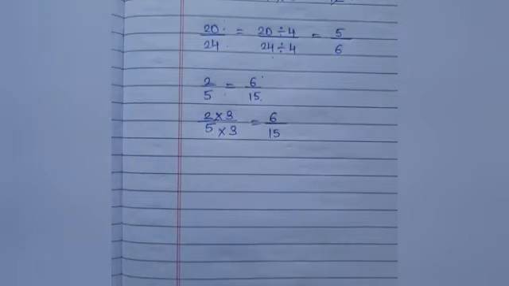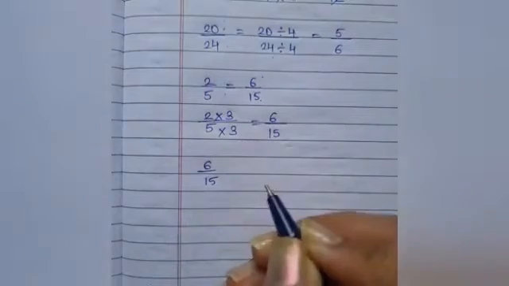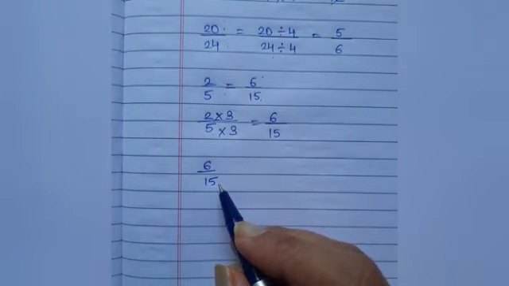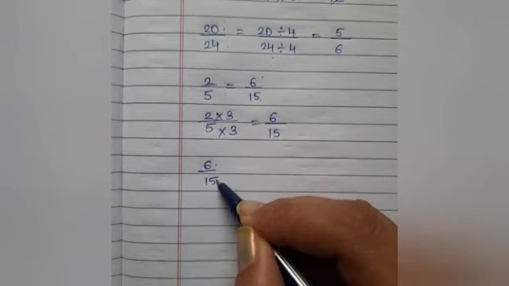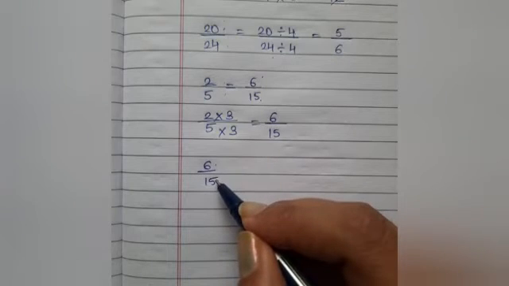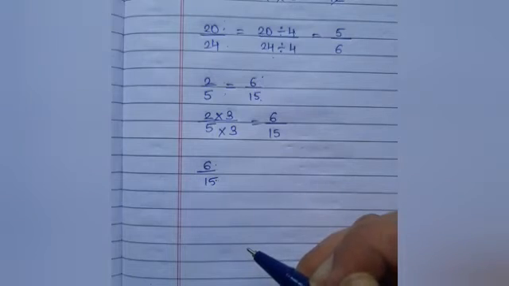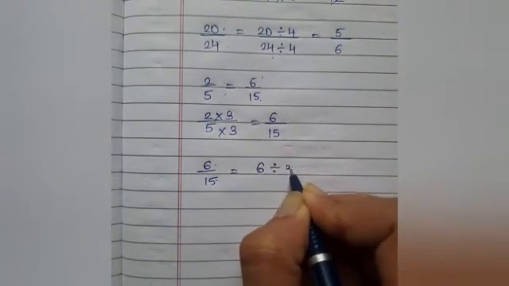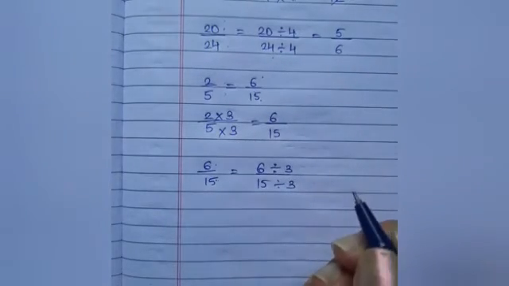Example, the fraction 6 upon 15. In this fraction, we see that both the numerator and the denominator are numbers which appear in the table of 3. So we are going to divide 6 divided by 3 and 15 divided by 3.